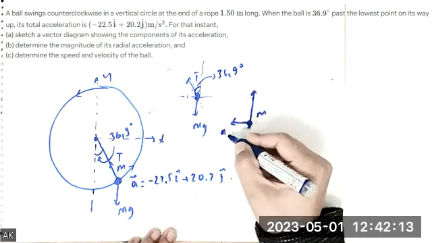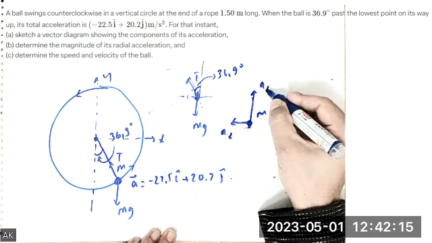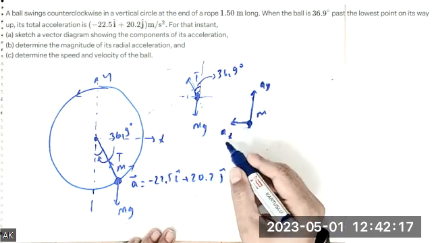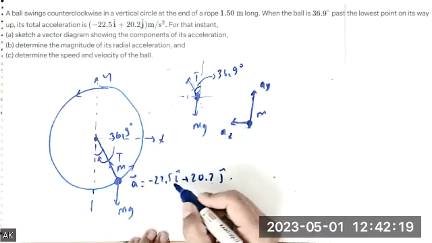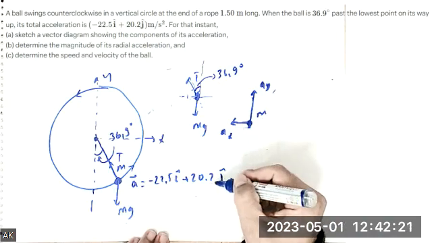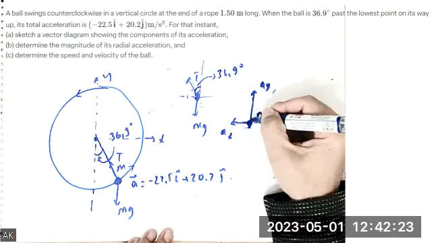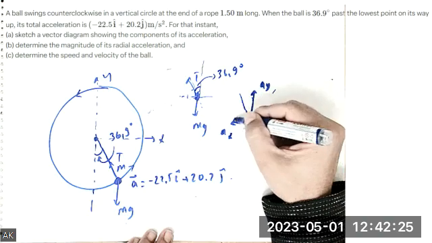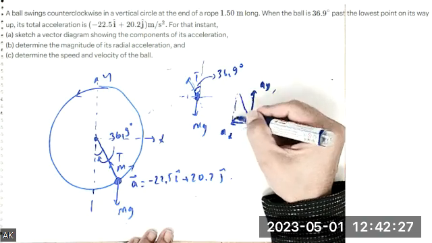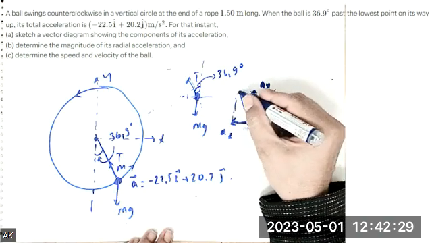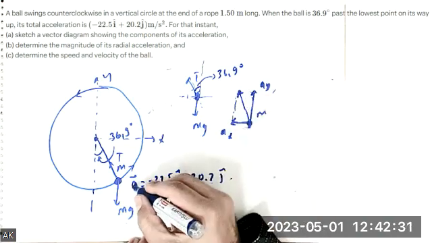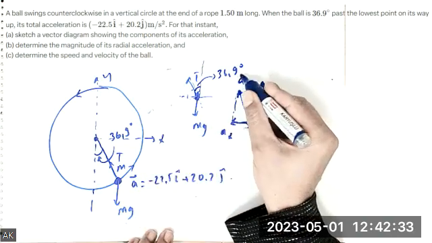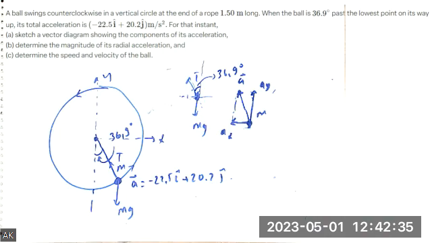This is ax and this is ay. ax is minus 22.5 and ay is 22.2. So this is the acceleration vector. Of course, it's going to be the sum of these two components. So this is your acceleration vector, this a is over here. This is a. Okay.